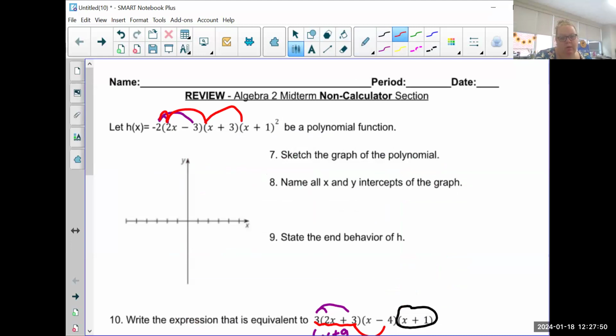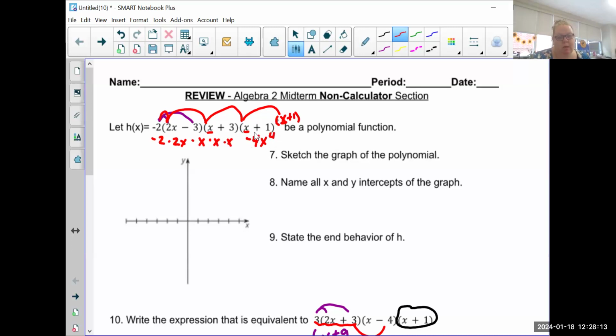Now this means that there's 2 of these, so I'm going to write another x plus 1 times the x. So negative 2 times 2x times x for this one times another x for that one times another x for that one. So that will be negative 2 times 2 is negative 4. And then there's 1, 2, 3, 4 x's, so x to the 4th.